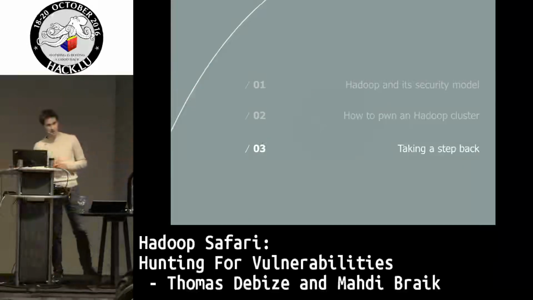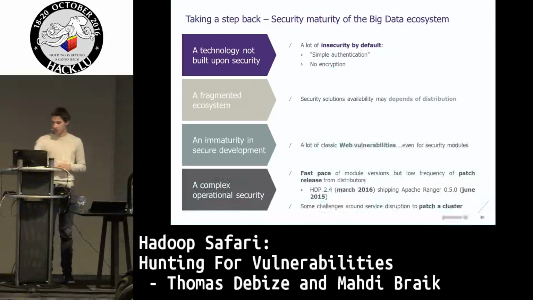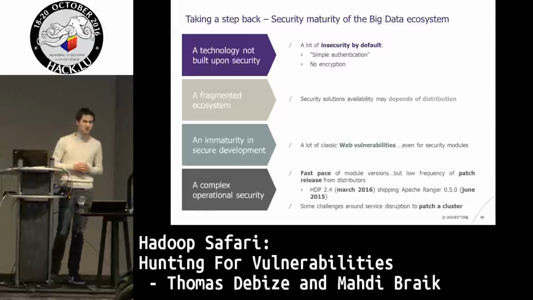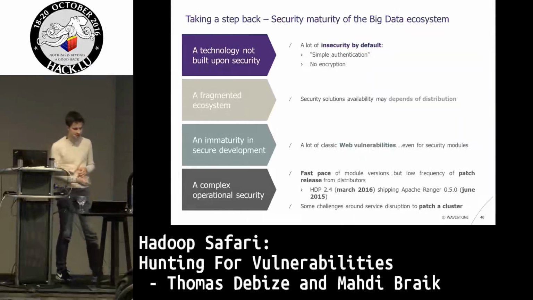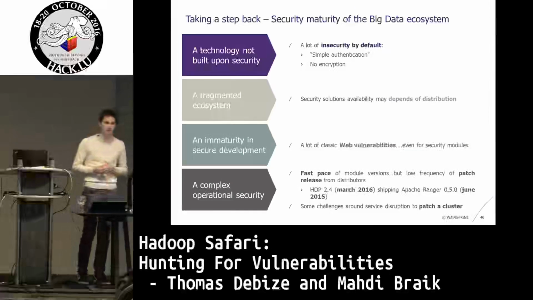So now, taking a step back, our first goal was to assess the security maturity level of that ecosystem, as I've been saying through this presentation. First, you can say that the technology was not built upon security.